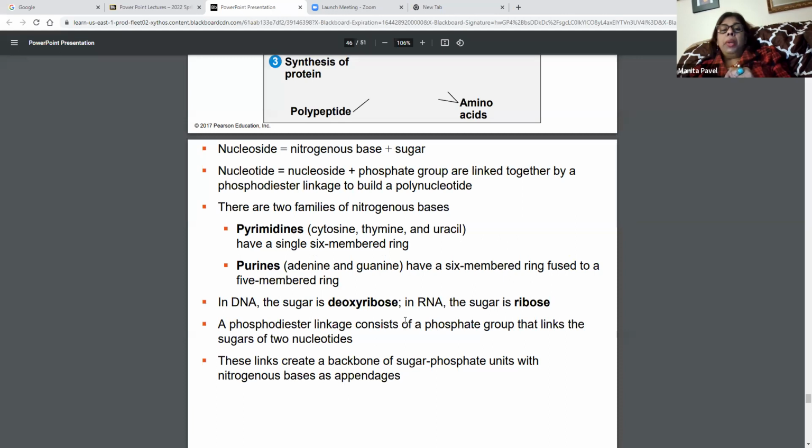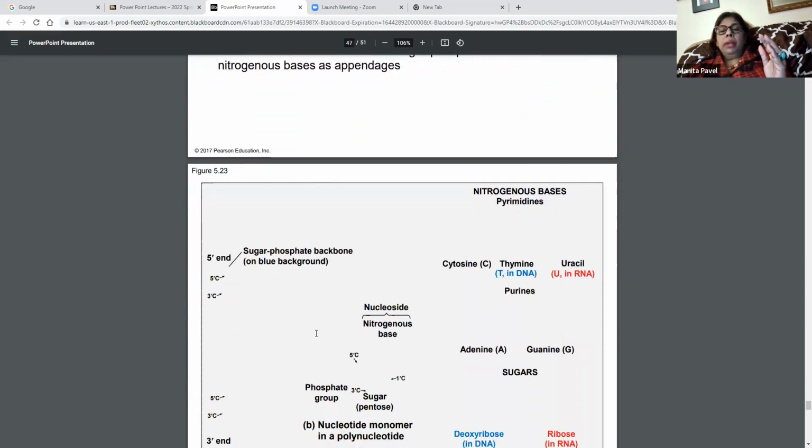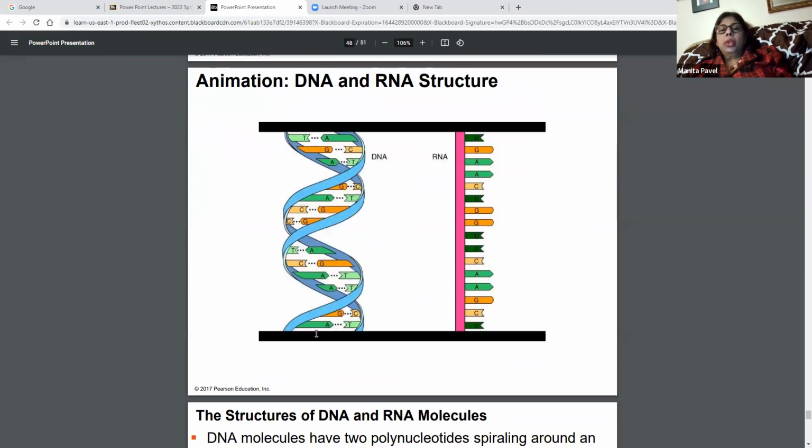So we see here, what are the linkages in nucleic acid? Phosphodiester linkages. You must know it for each and every macromolecule. Now, if this is your DNA molecule, so let's go down to the DNA. This is a double helix.